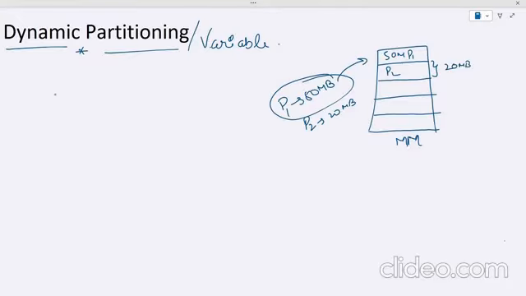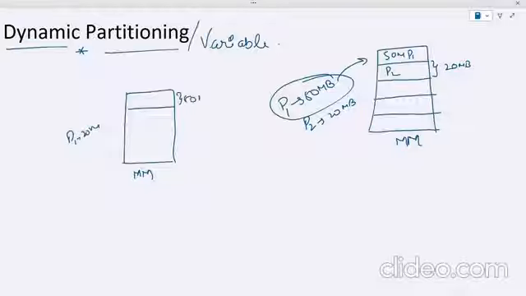Now, it was basically designed to overcome the problem of fixed partitioning, because in fixed partitioning there is a fixed space. So let's say this is the main memory, and a process P1 is of 20 MB and the block size is 50 MB. Because it's fixed partitioning, the space is already predefined.